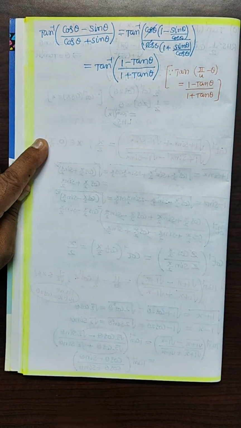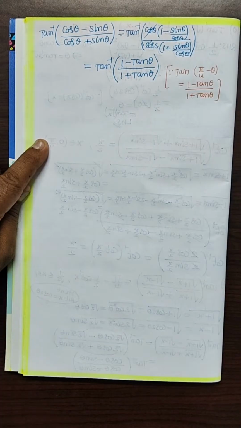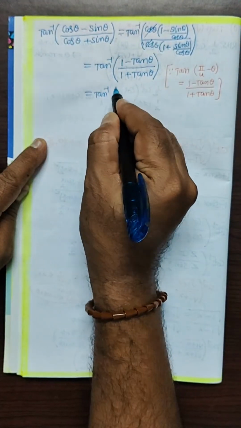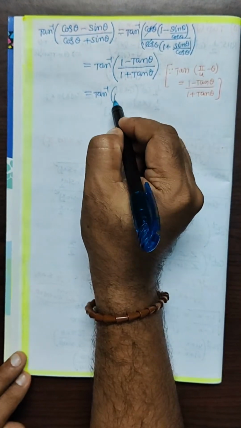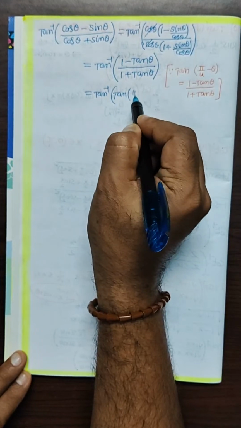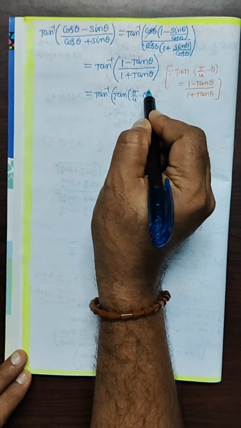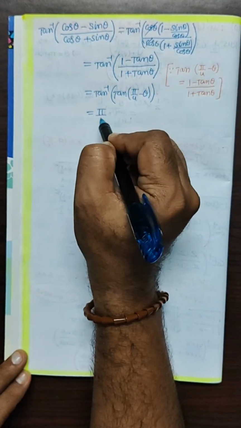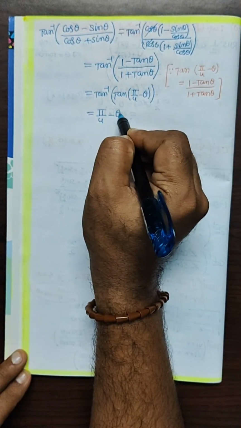So if you remember this formula directly, we can write it. Tan inverse of, this is tan of pi by 4 minus theta, no? So which is equal to tan inverse of tan of (pi by 4 minus theta), which is pi by 4 minus theta.